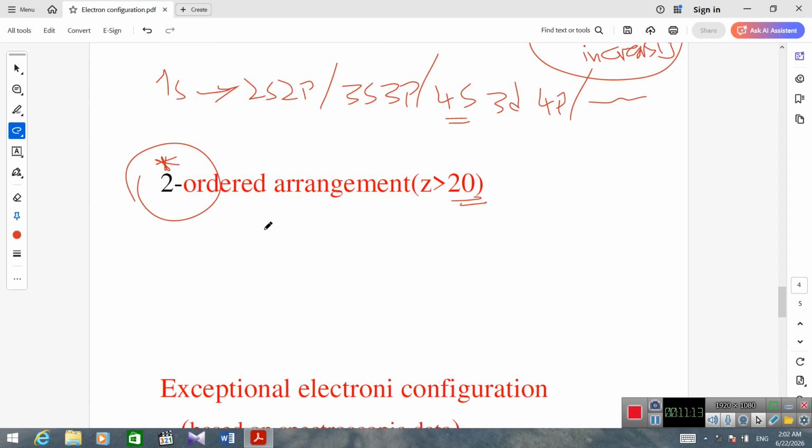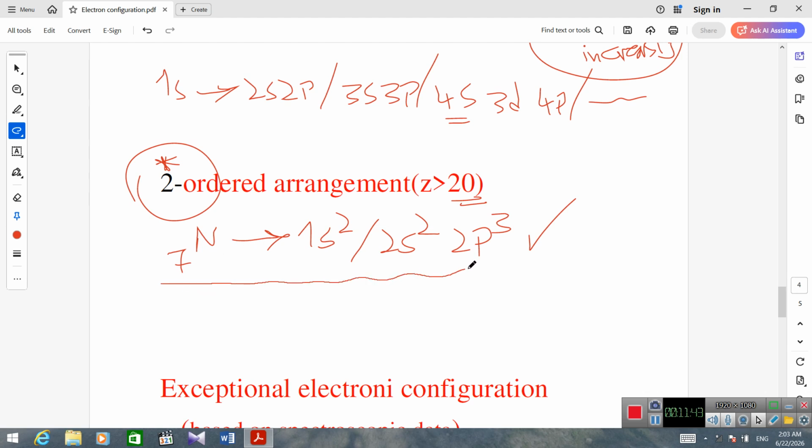For example, for nitrogen, we have 1s2 and 2s2 and 2p3. 2 plus 2 plus 3 is equal to 7, and it's the electron configuration for nitrogen.